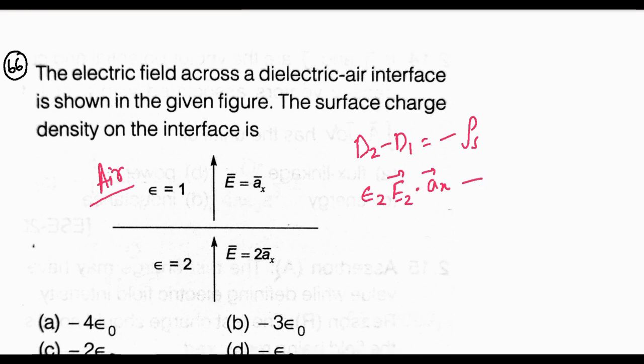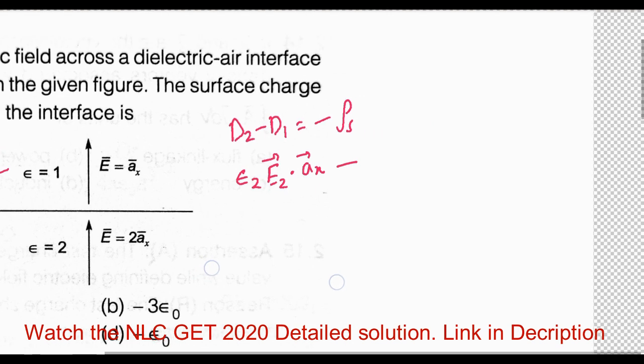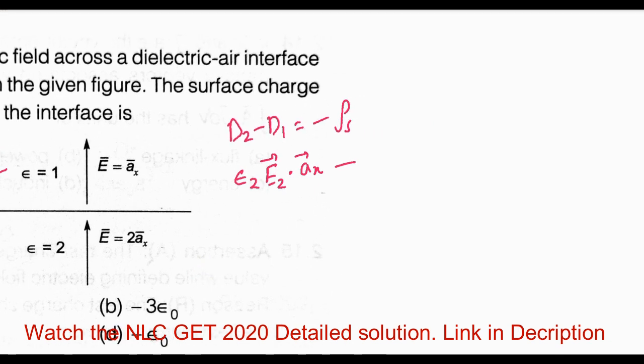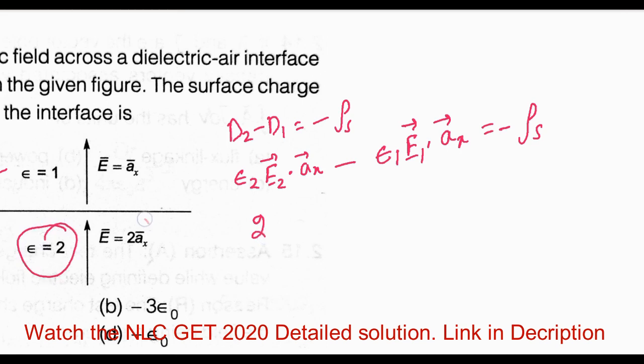And D1 will be epsilon 1 E1 dot a x, and this is equal to rho s. This is the formula. Here epsilon 2 is 2. And what is E2?